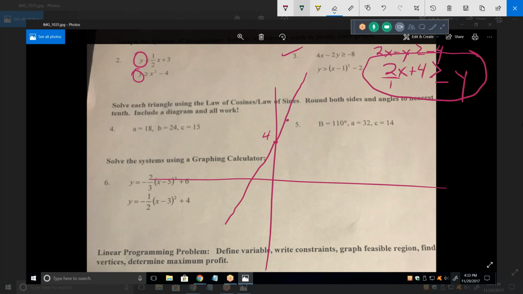So let's do it in blue the correct way, by leaving the y on the left. Tell me what the next line is. So minus 2x. Yes, the next line is to subtract 2x from both sides, correct?